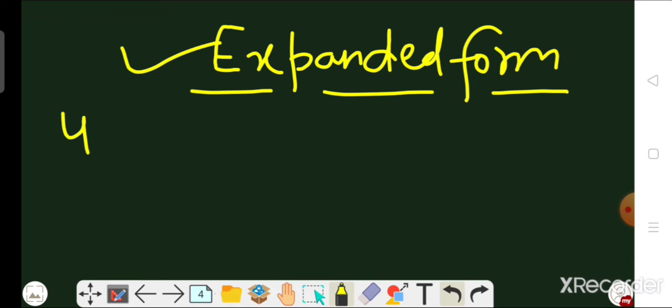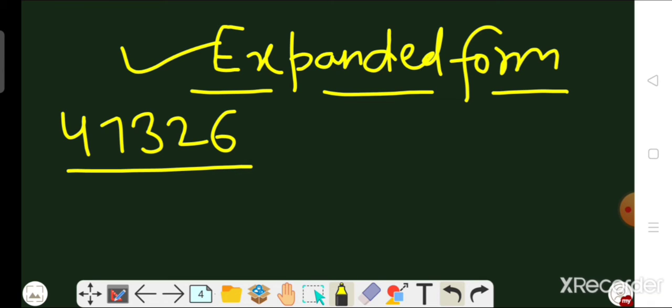If you have a number like this, 47326, a decimal number, and you have to convert it into expanded form. To convert this number into expanded form, firstly we have to write the equality sign, and then we have to write the digit of this number which is in the first position from the left side.